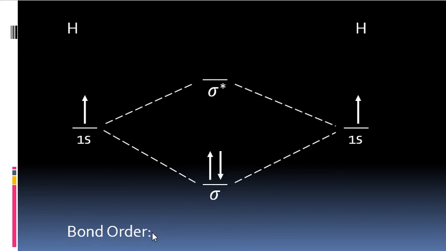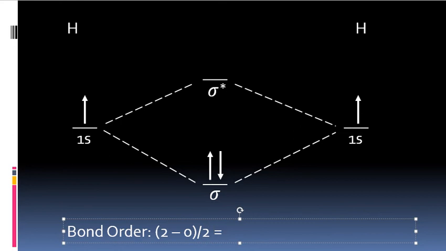In this case, we only had 2 valence electrons to work with, so they both went to fill the lower bonding orbital. Now, to calculate the bond order for this molecule of dihydrogen, it's going to be the bonding electrons, in this case 2, minus the anti-bonding electrons, of which there are 0 because the sigma star, or the molecular orbital up top, has no electrons in it. And then we are going to divide that total number by 2.